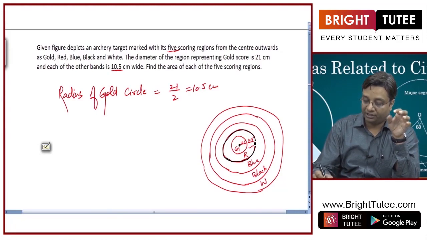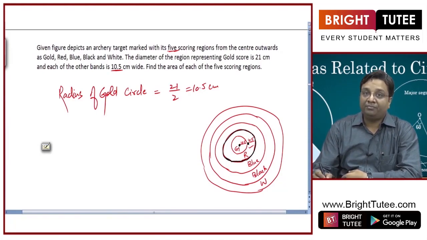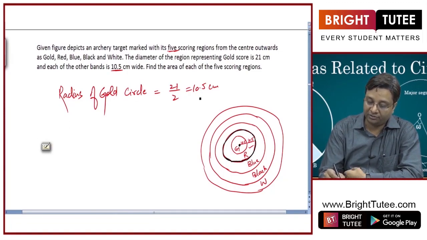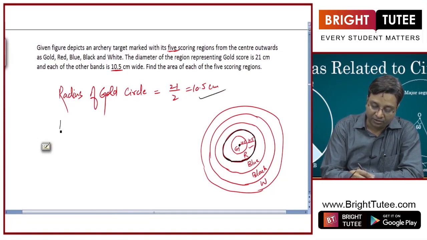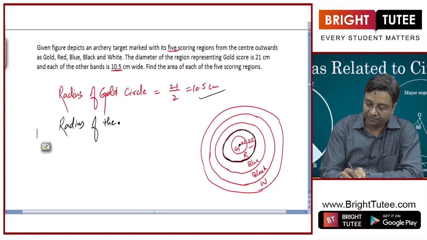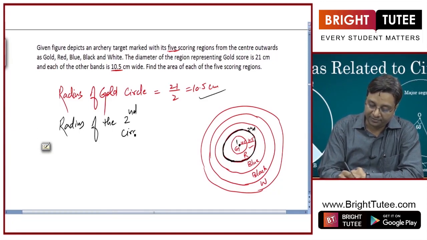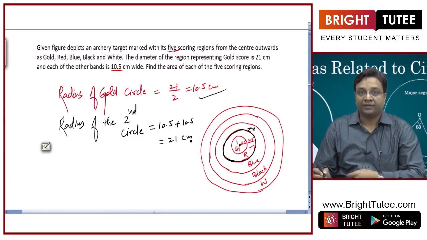So now the radius of this circle is 10.5 plus 10.5. If I consider the gold circle, its radius was 10.5 centimeter. Now the radius of the second circle, let us say this is first circle and this is second one, the black is second one. What is the radius of second circle? It is 10.5 plus 10.5, which is equal to 21 centimeter, right?